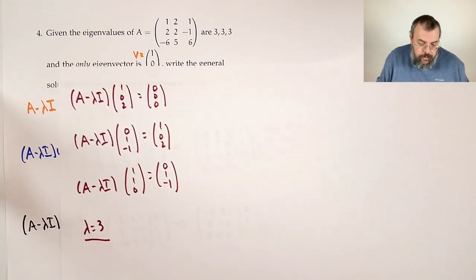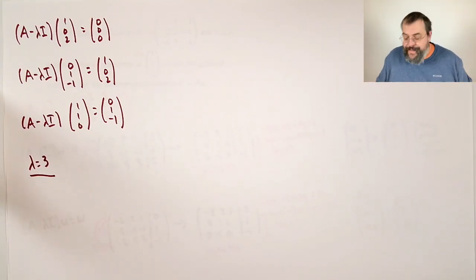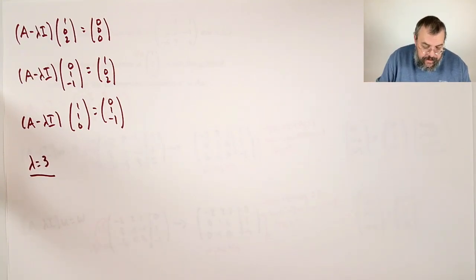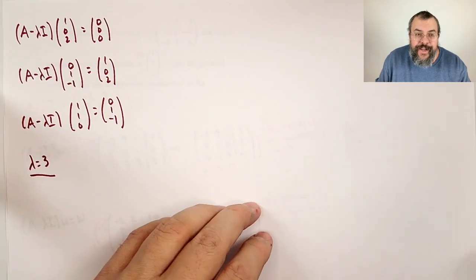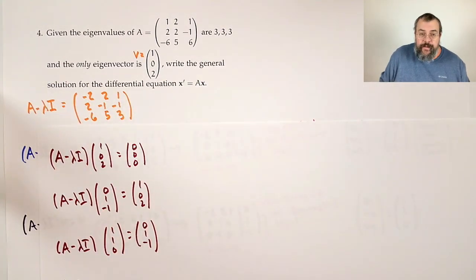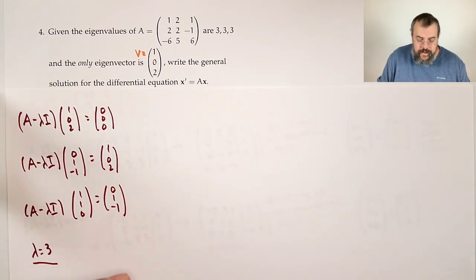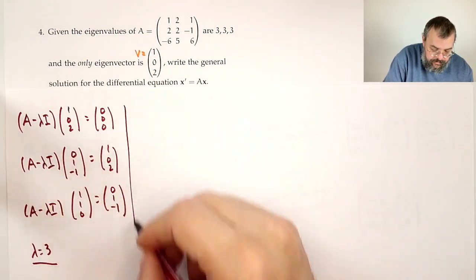So now we're ready to write down our answer. All right, so what is our answer? And you might say, wait, what was the question? So recall the question, general solution for x prime equals Ax. Okay, so here's how it goes.